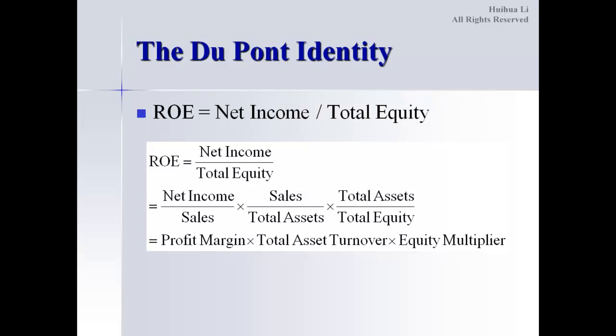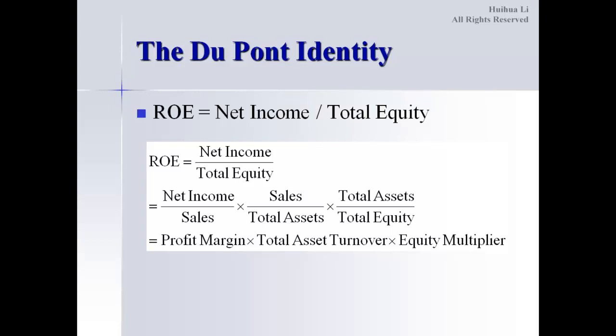Net income divided by sales is profit margin. Sales divided by total assets is total asset turnover, and total assets divided by total equity is equity multiplier. So, ROE is the product of profit margin, total asset turnover and equity multiplier.